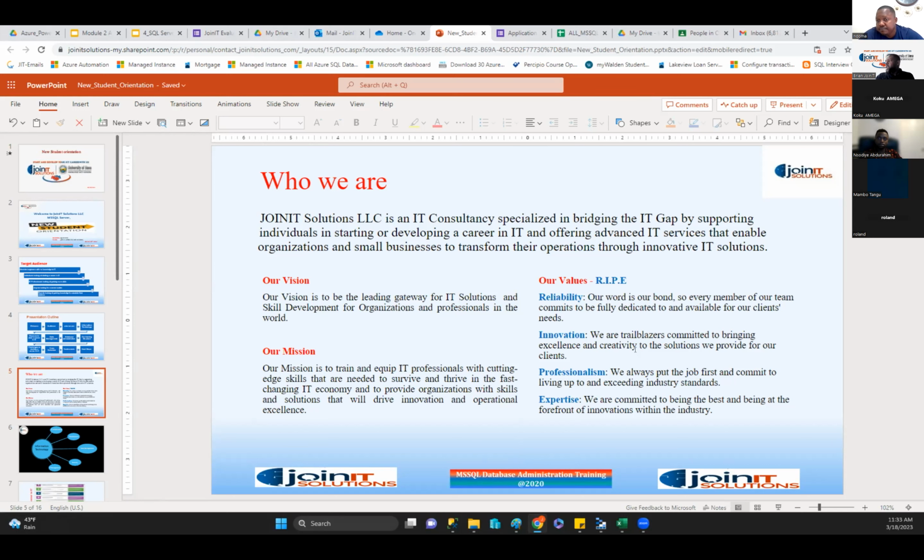Innovation. We are trailblazers committed to bringing excellence and creativity to the solutions we provide to our clients. So look at you as a student today. You are like a client at JoinIT. We bring in creative ways of making you understand IT. We have simplified the teaching and the process for you to understand what IT is all about.